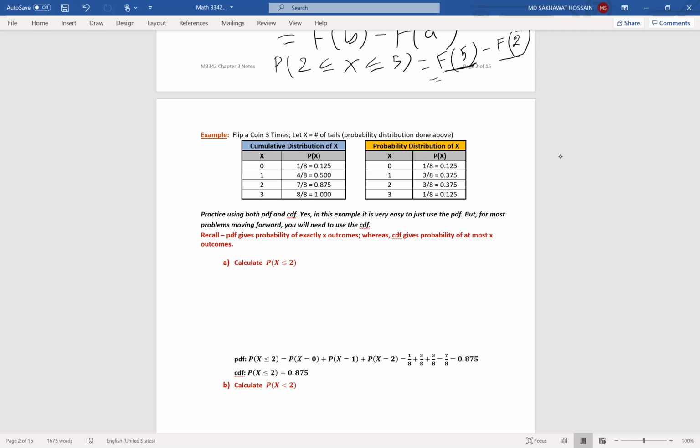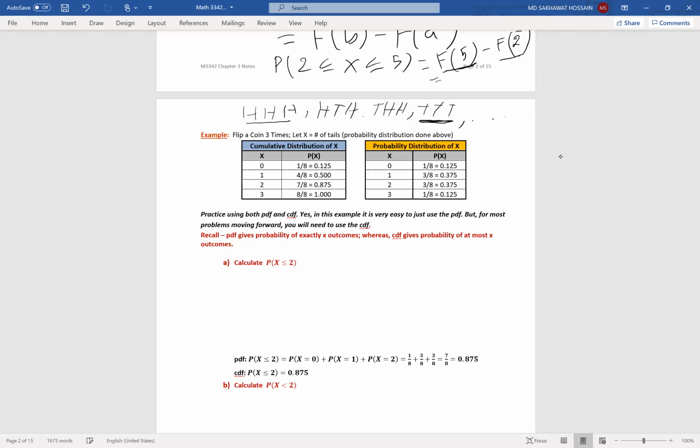Because the possible outcomes are HHH, HTH, THH, TTT, and so on. One outcome has a maximum of 3 tails and a minimum of 0 tails. So the possible values of X are 0, 1, 2, 3.